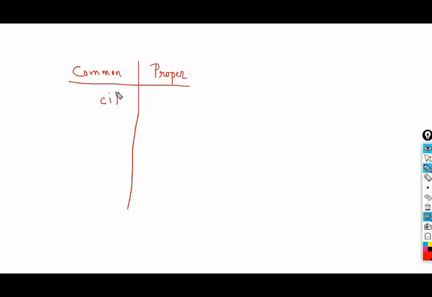The word city is a common noun and it is always supposed to be written in small letters, unless it is the word that you are starting a sentence or a paragraph with.